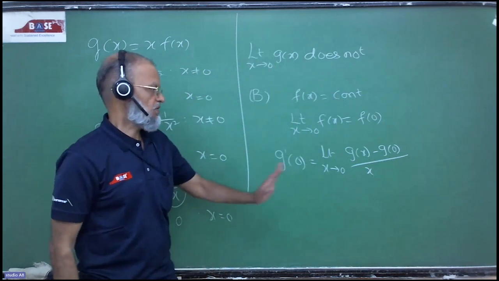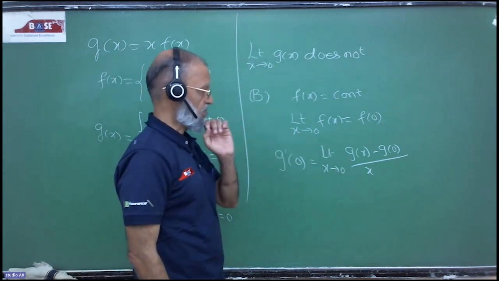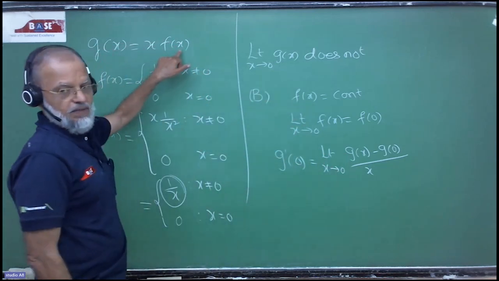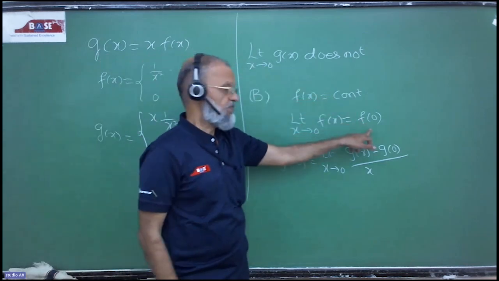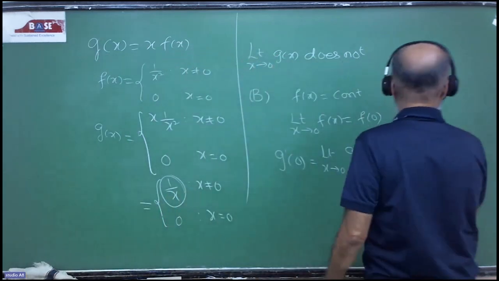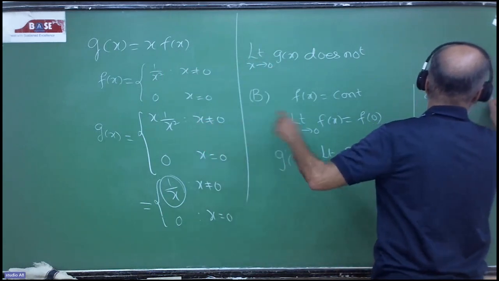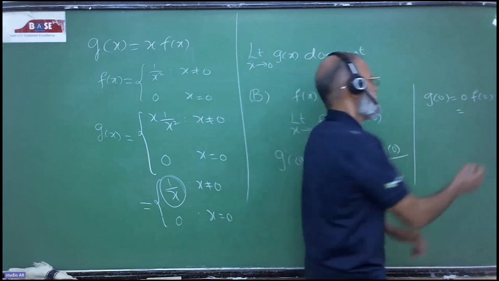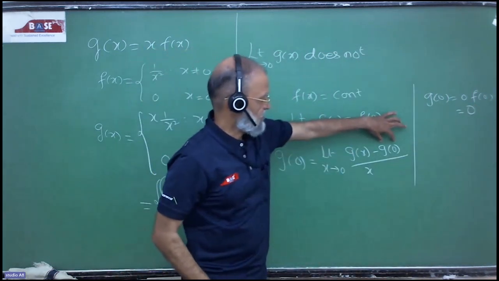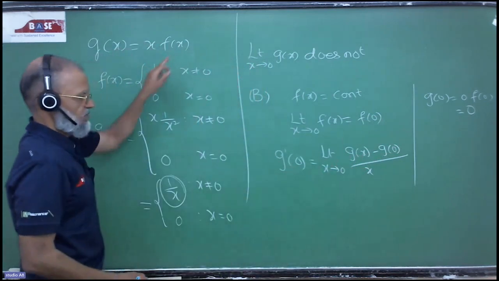Now the value of g of 0 depends on this product. F of 0 is a finite value, so g of 0 will become 0 into f of 0, that is 0 into finite, which definitely equals 0. So this value is 0. Now I have to substitute here g of x, that is x into f of x.